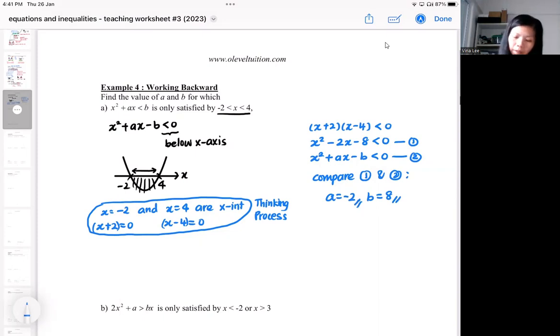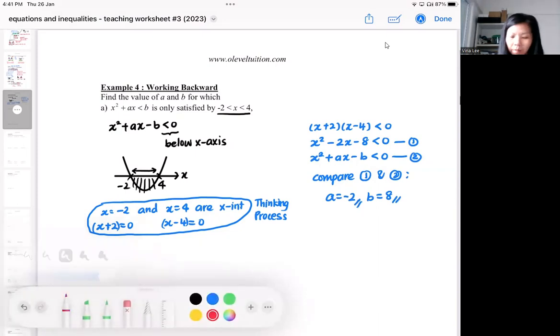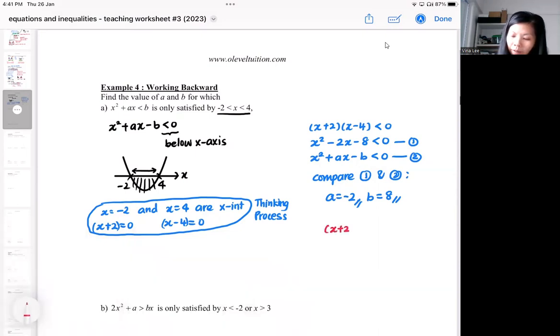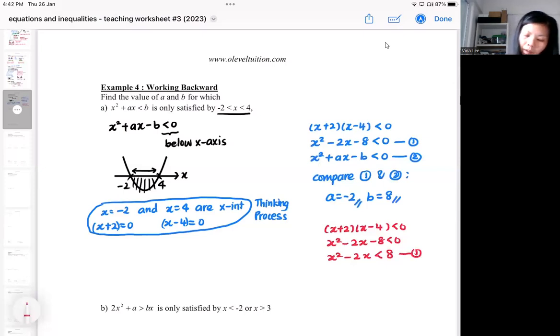Alternatively, some people, after they get the two brackets, do the normal expansion and then compare with the original question.